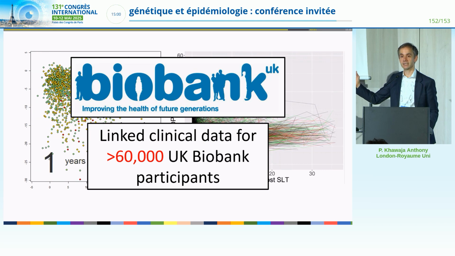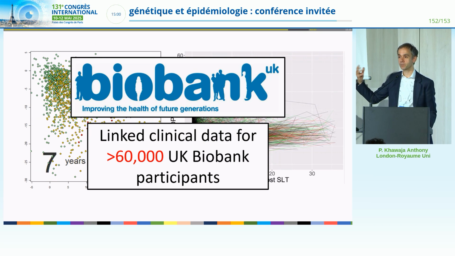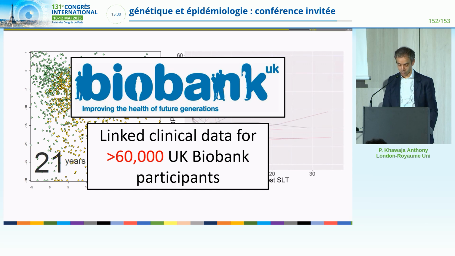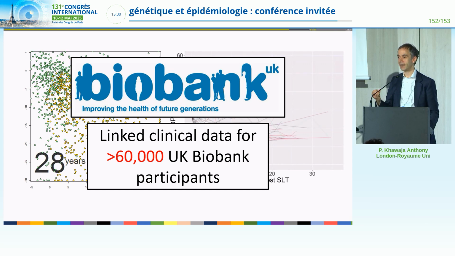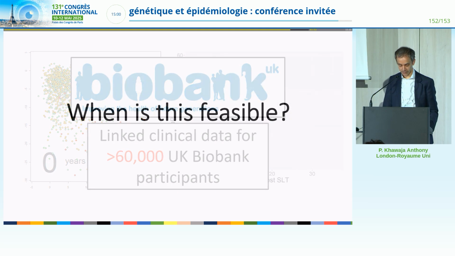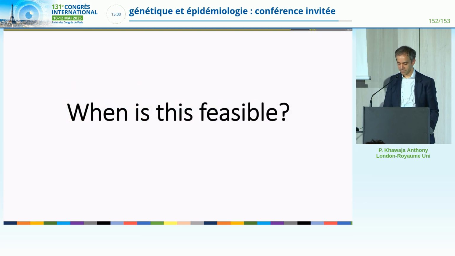And they all have genetic data. Now, this data should be available by the end of the year, so I hope next year we'll be able to start to show you how the PRS, a different PRS, trained on this data, can help you in the clinic. But when is all of this feasible?